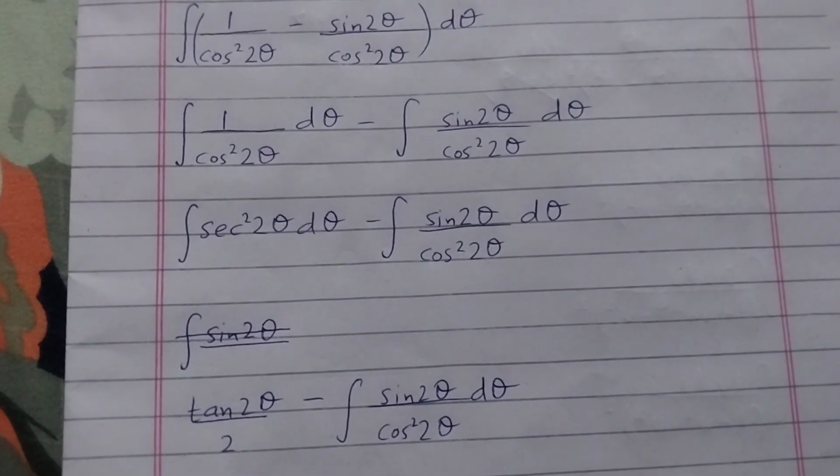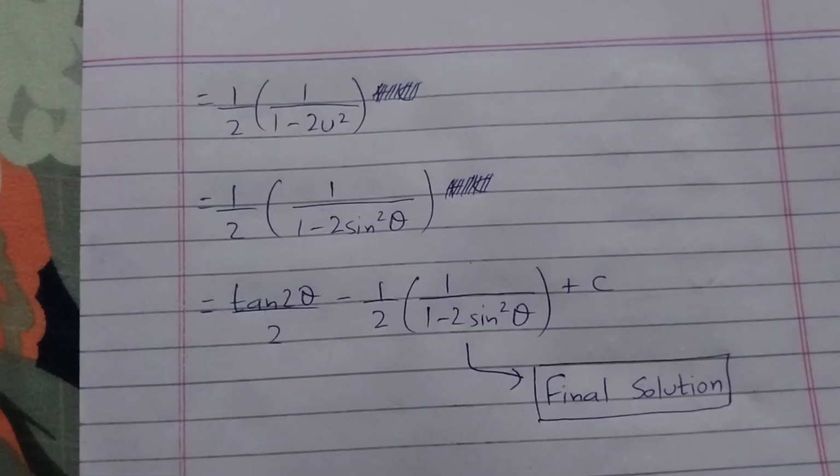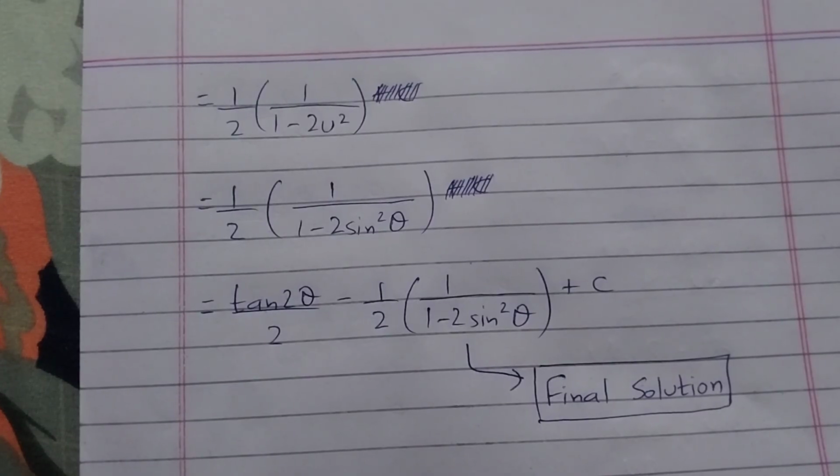So we have found the integration of sine 2 theta over cos square 2 theta, and we just need to subtract that from tan 2 theta over 2. So the final answer will be tan 2 theta over 2 minus 1 over 2 times 1 over 1 minus 2 sine square theta plus the constant of integration.